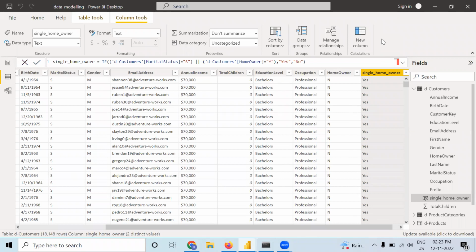Ma'am, what if we want the output, if the condition is met, like we do in Excel, if the output is true and we want the same column as output?